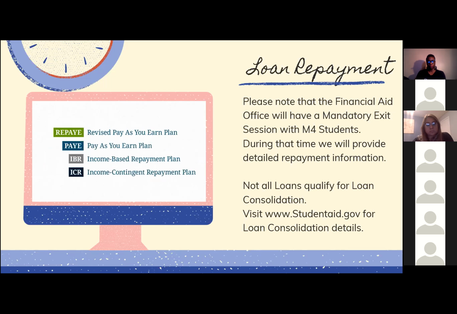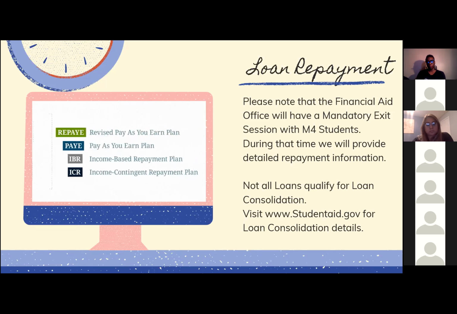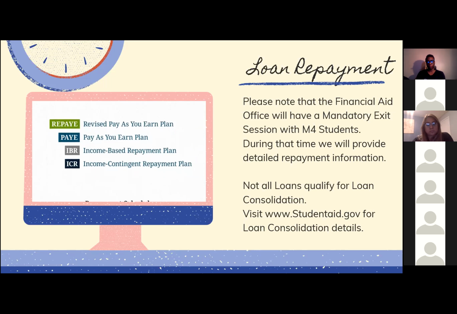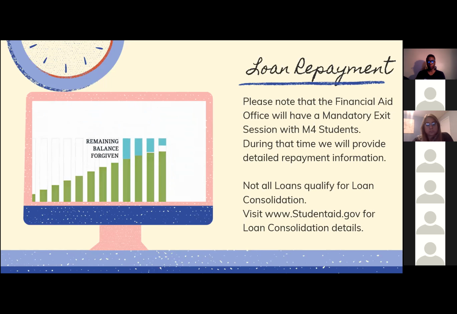If you're in one of these plans, you have to recertify to confirm your income every year, but it's easy. You just confirm or update your income and family size information so your loan servicer can recalculate your payment. These plans aren't designed to ensure that your loan is paid off within a specific time frame, but if you don't pay it off within 20 or 25 years, the remaining balance is forgiven.